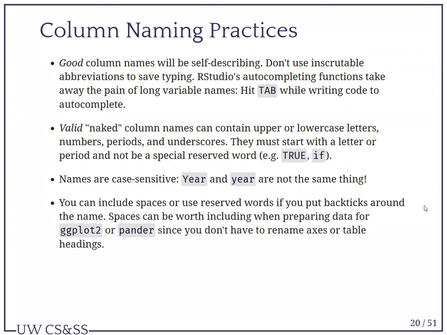You can include spaces or reserved words if you put backticks around the name. Again, backticks is the button just below the escape key. Spaces can be worth including when preparing data for your ggplot or your pander, since you don't have to rename the axes or table headings. So a lot of times what my code will look like is some data set, I do a bunch of manipulations and adding columns and getting rid of columns and what have you.